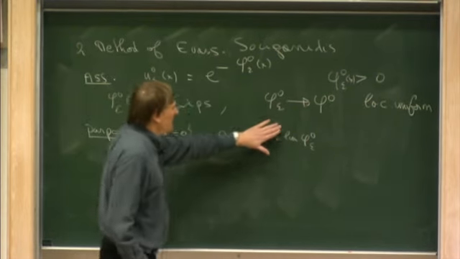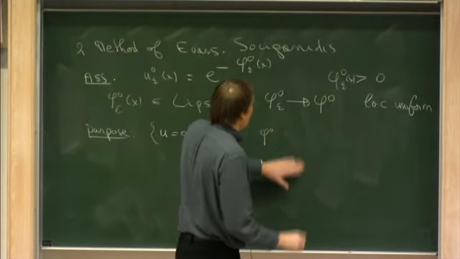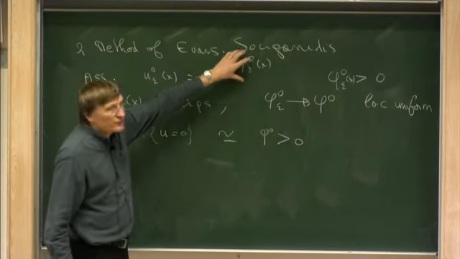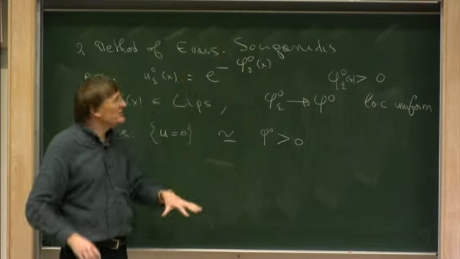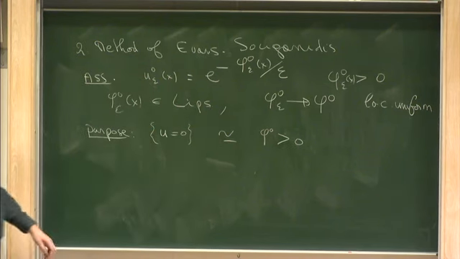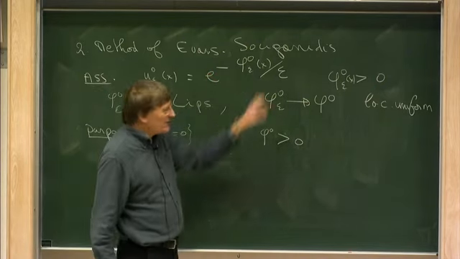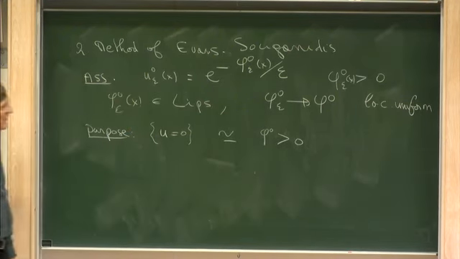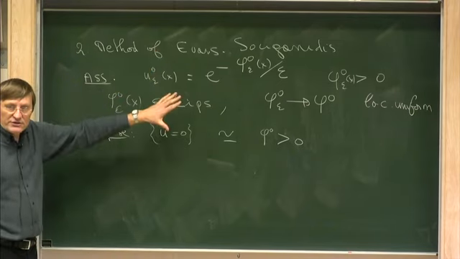So this limit is strictly positive. Because when phi 0 is strictly positive, you see that this is exponentially small. I forgot the epsilon here, which is of course the most important point in this construction, is that you assume an exponential decay. So where phi 0 is strictly positive, then u is exponentially small.